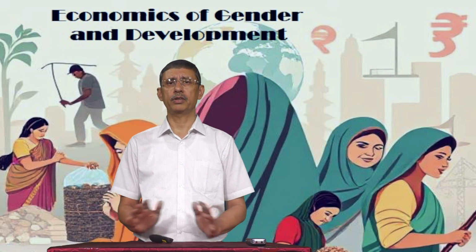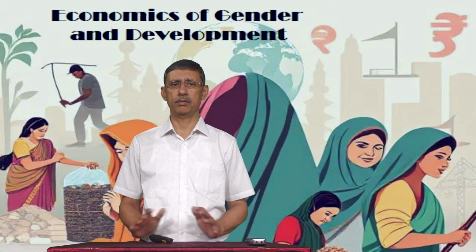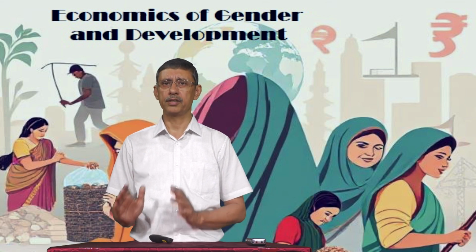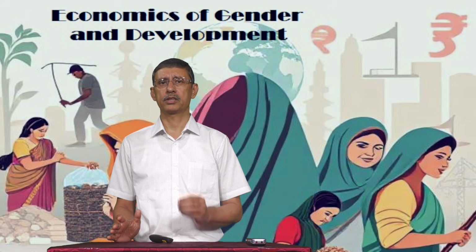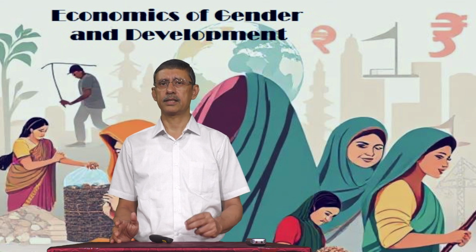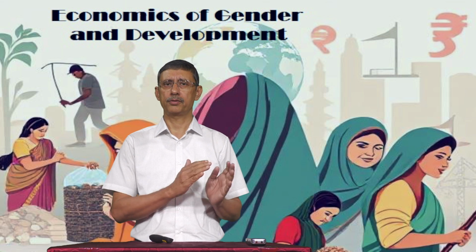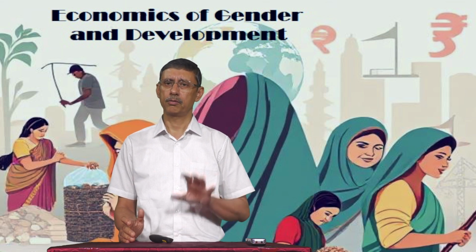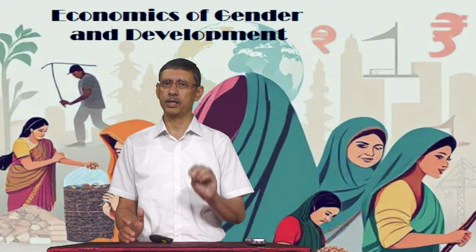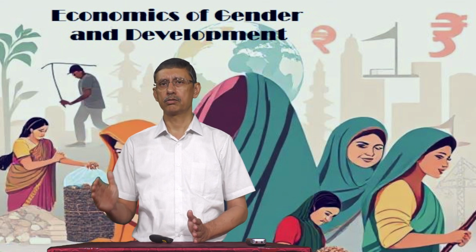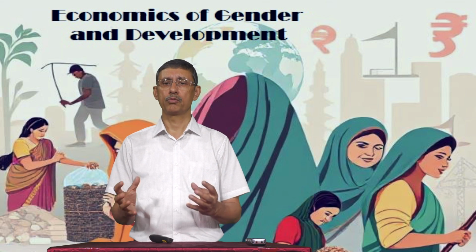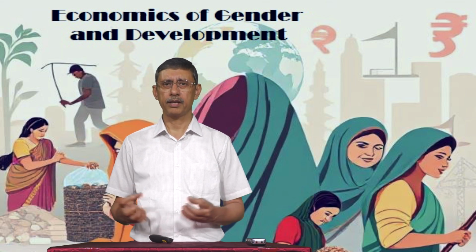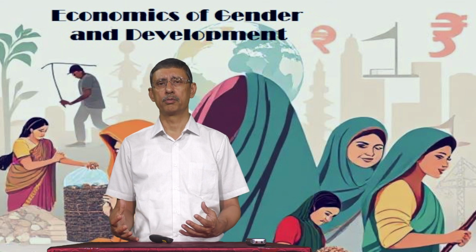So therefore, in this module we have seen the different phases of gender approaches and policies in India since 1947. From 1947 to 1970, we made the foundations, the welfare provisions, and the protection. From the 70s to 90s, we made women a partner in development by providing better access to economic opportunities.